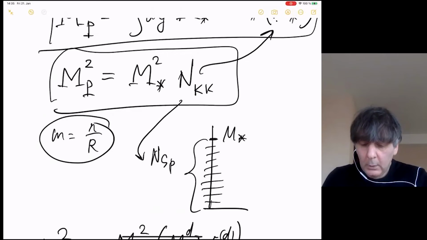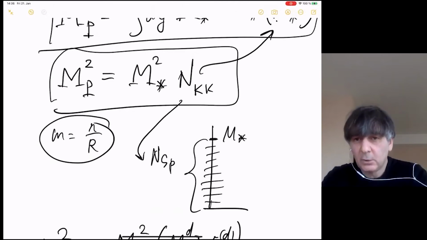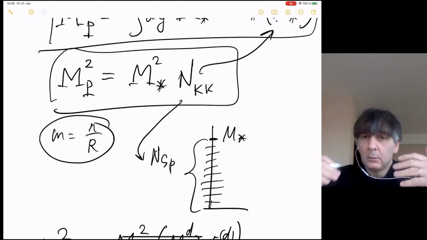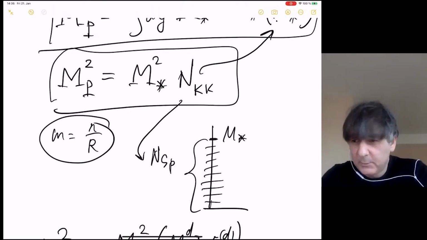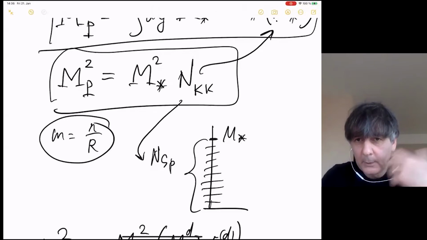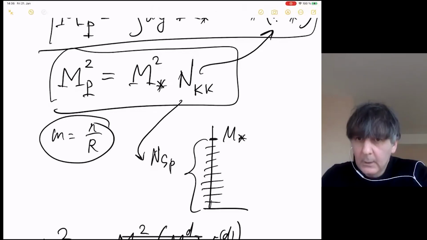So now, this tells you immediately that if you want the fundamental cutoff around TeV energies, the compactification radius must be large. The larger the compactification radius, the larger the number of Kaluza-Klein species that can fit within it.